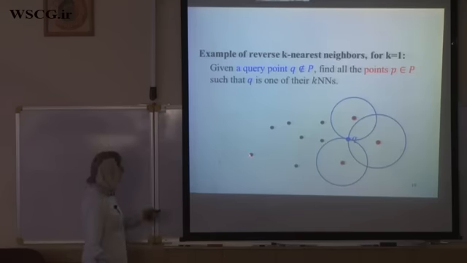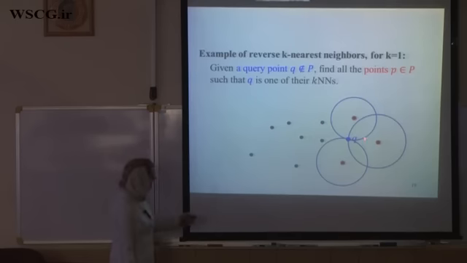So Q is certainly not the closest neighbor at this point. In fact, what we're interested in is these 3 red points. Q is the closest neighbor of this red point. If I draw a circle around this red point, it's empty, and Q is on its boundary. Similarly for this point and this point.